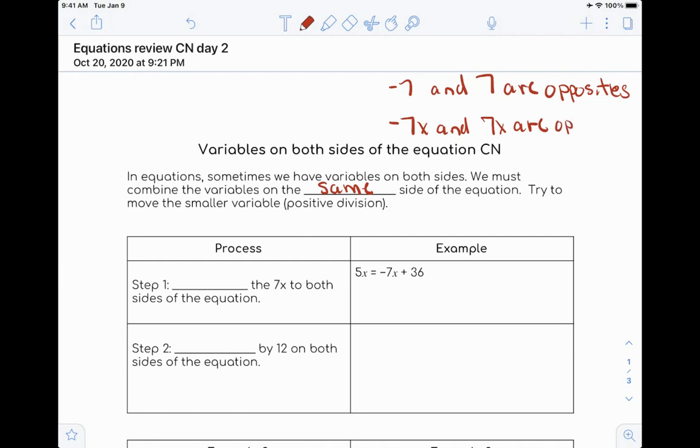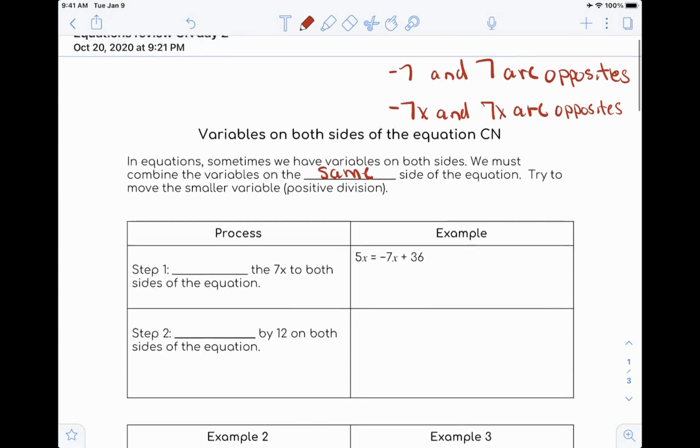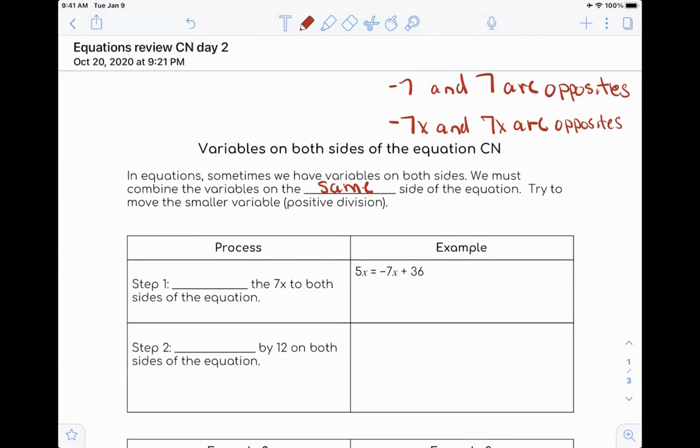And you know, when you add a number and its opposite, it makes 0. So we're going to use this idea to help us move a variable to one side of the equation. So if we look at our first example, in step 1, we want to actually add 7x to both sides of the equation.